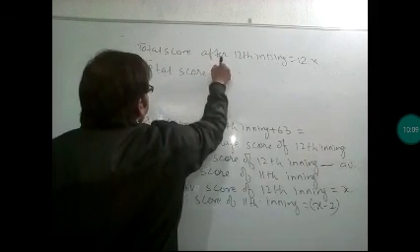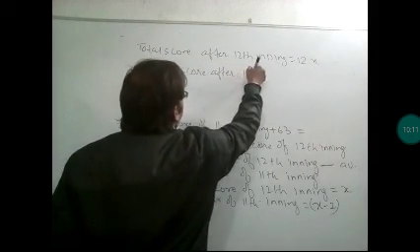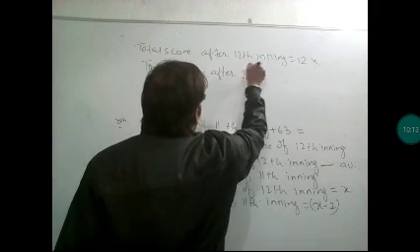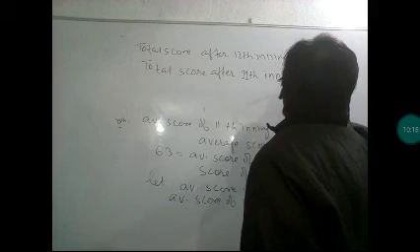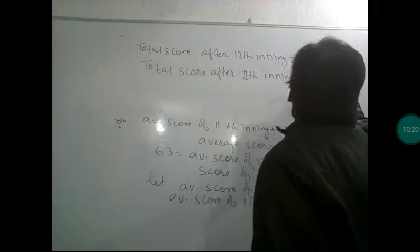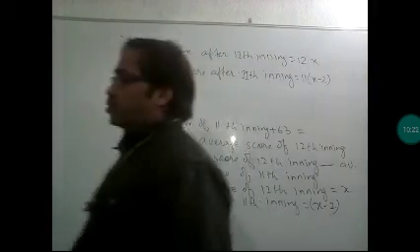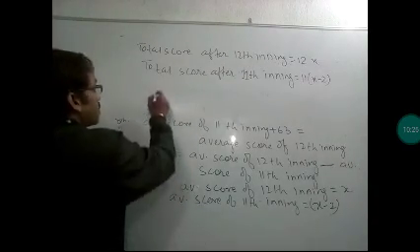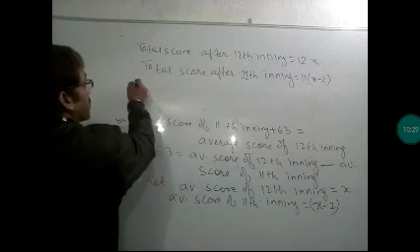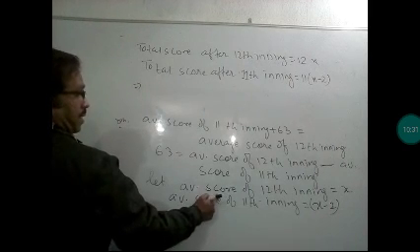Then the total score up to the 11th inning is 11 into the average x minus 2, so total score is 11 into x minus 2.